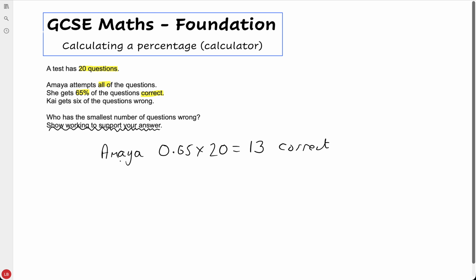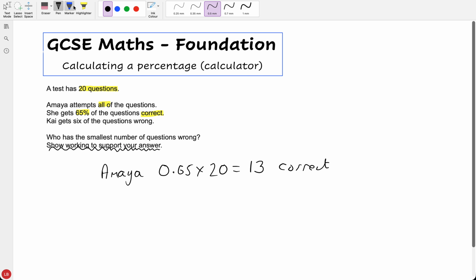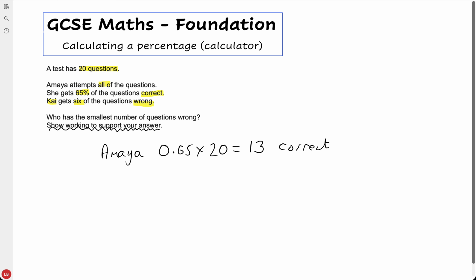Okay, let's write that down. Let's start getting some marks. That is 13 questions that she got correct. Right, that's Amaya dealt with. She got 13 correct. Kai gets 6 questions wrong. Right, well, let's just highlight that. Kai gets 6 questions wrong. Already, because I've highlighted stuff here, I can see a mismatch. I've just done Amaya and that was correct.